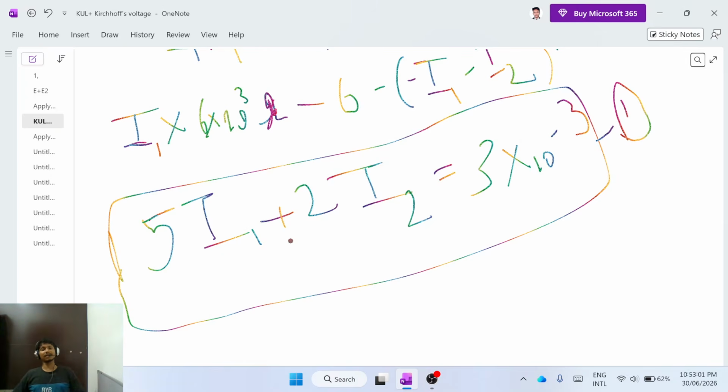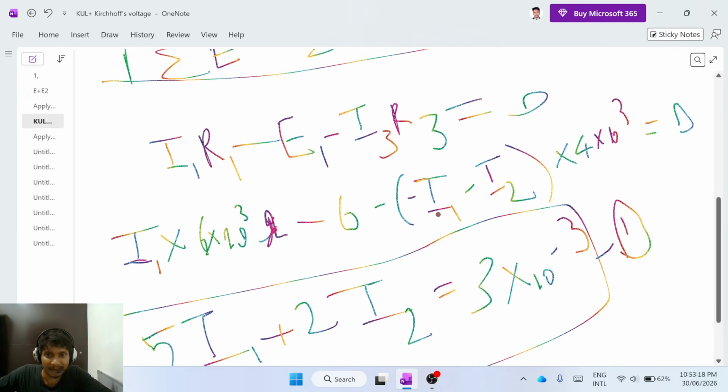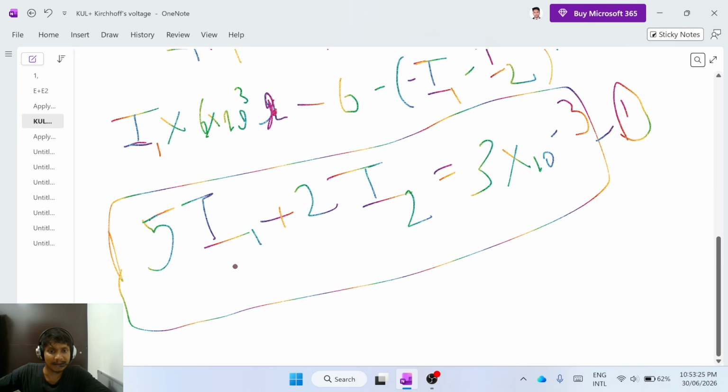Therefore, we substituted the equation in I1 and I2 instead of this I3, and finally received the equation in only I1 and I2.